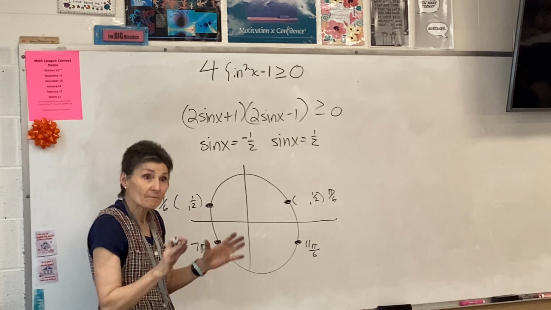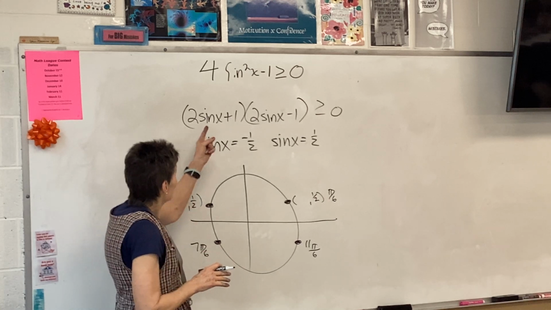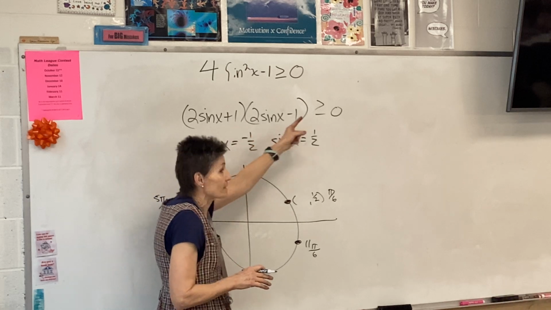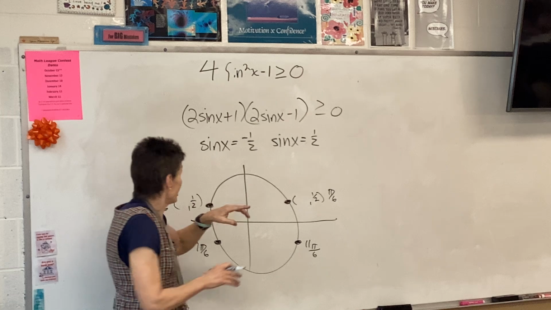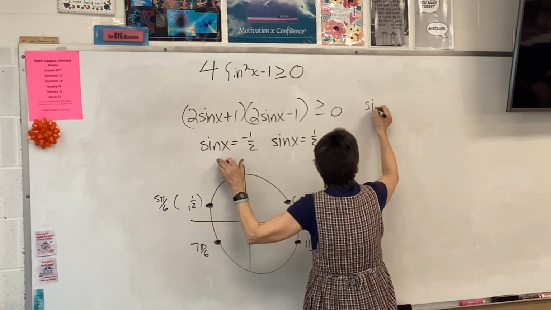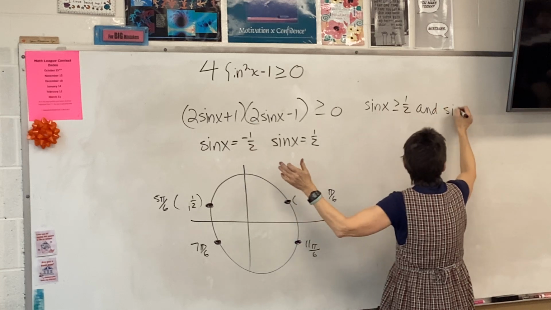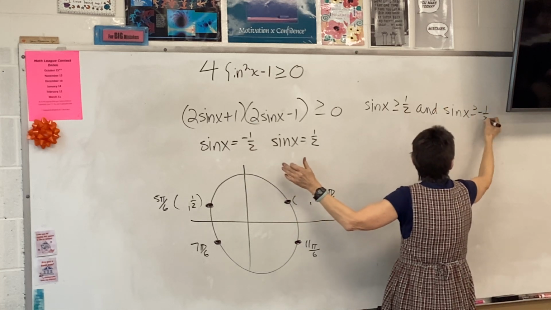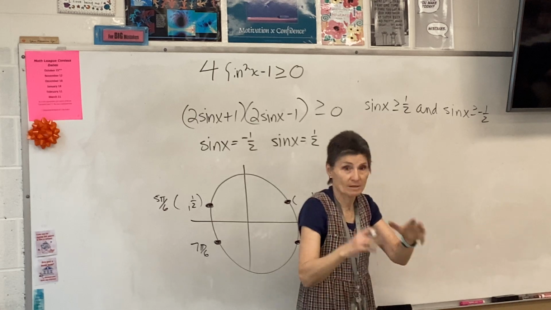Okay, now I gotta figure out where I'm shading. So remember, this times this is positive, which means they are both positive. That is greater than 0. I'm saying positive, right? Greater than 0.